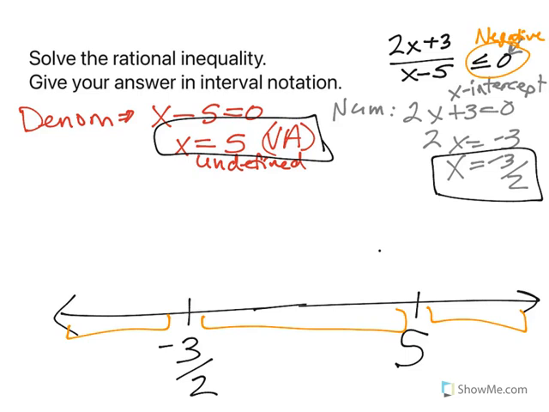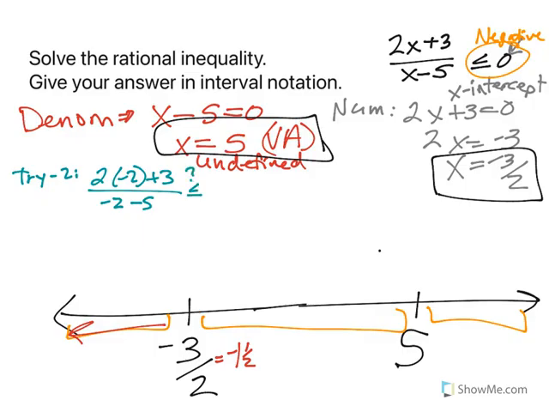So if we look to the left of -3/2, I'm going to think of what's going to be over there. Well, remember that -3/2 is the same as -1.5. So I am going to try -2. If x is -2, I'm going to substitute this into our inequality. So 2 times -2 plus 3 all over -2 minus 5.